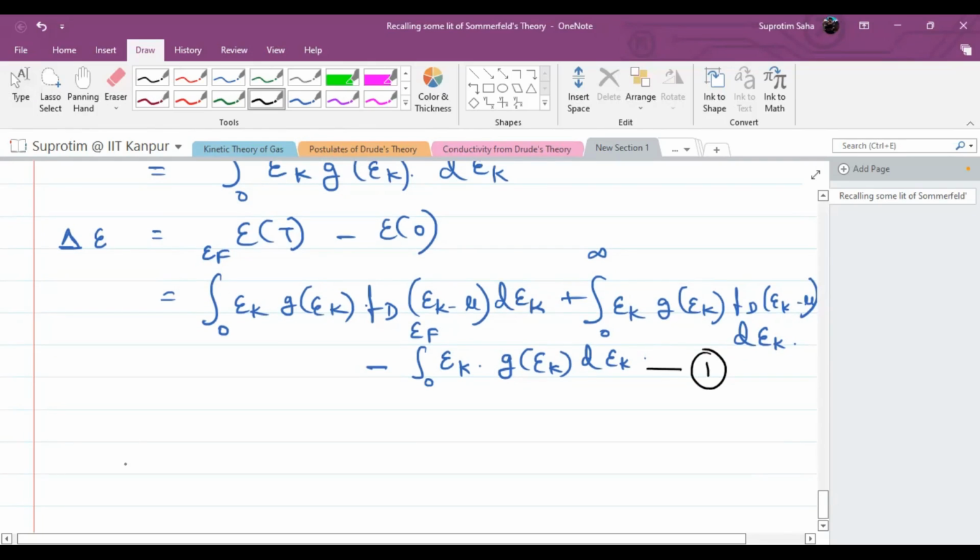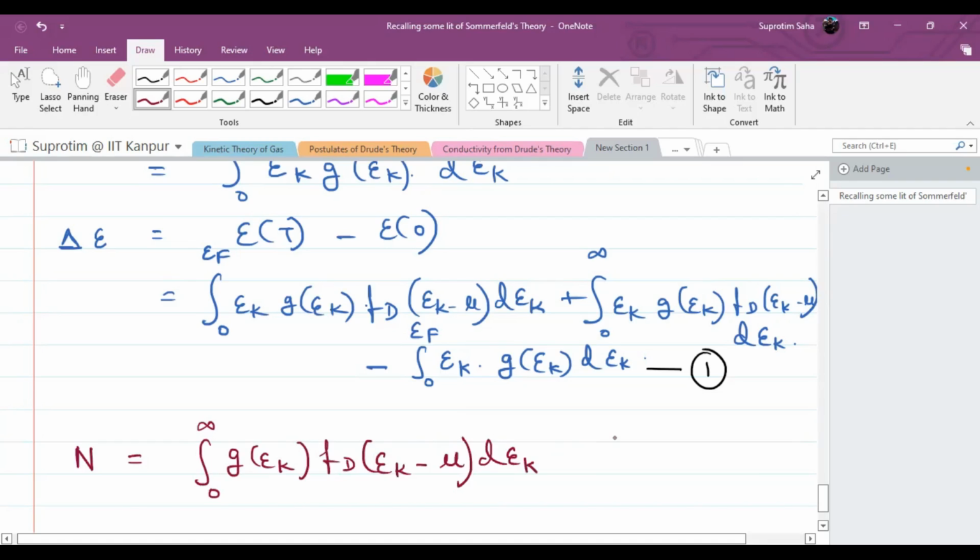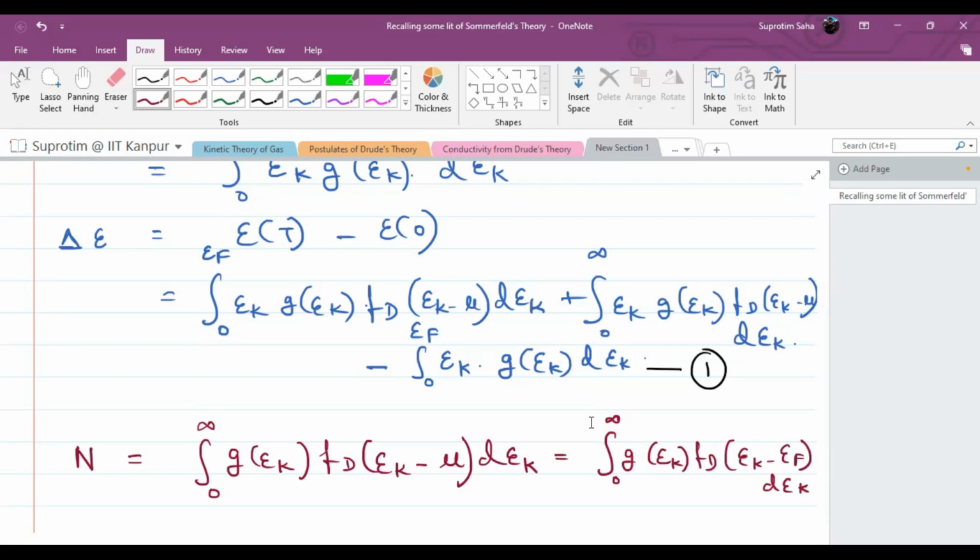So this is our equation 1. Alternatively, we also know another definition, where n is the integral from 0 to infinity of g of Ek Fermi-Dirac of Ek minus mu times d of Ek, which is again equal to the integral from 0 to infinity of g of Ek Fd of Ek minus Ef, at mu at t equals 0. All right.